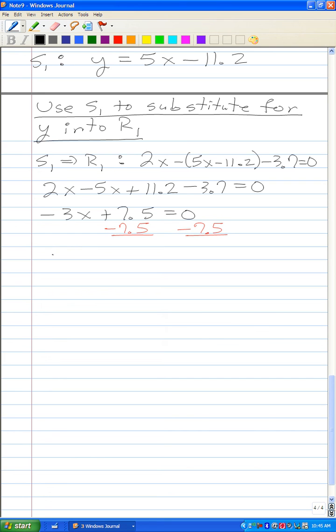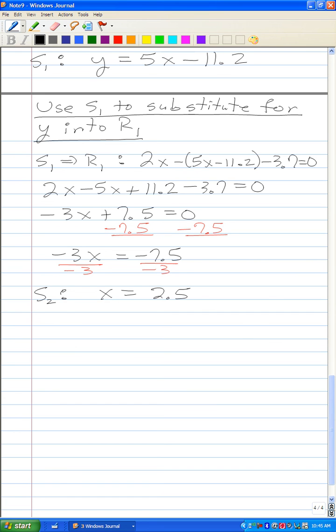And so I get negative 3x equals negative 7.5. Let me divide both sides of my equation by negative 3. So x is equal to negative divided by negative is positive 2.5. I guess I'll call that S2.